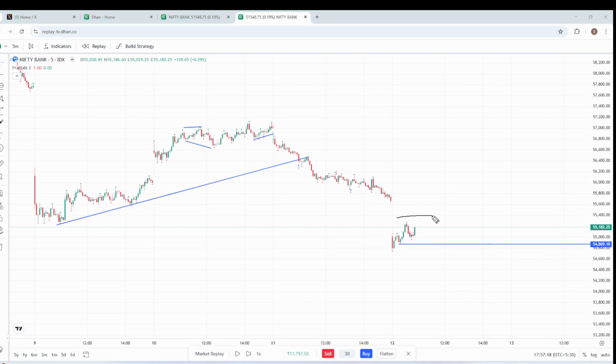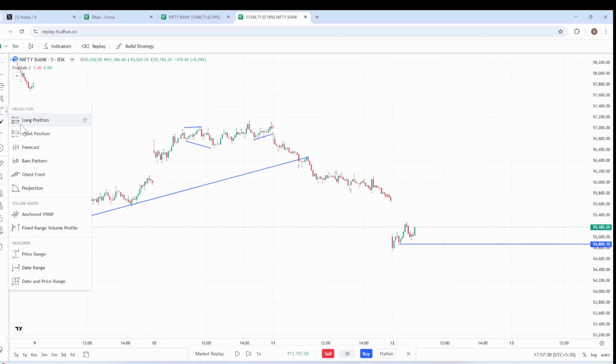But once it closes, we are looking to book because we have made an entry here. We want 1:2, or at least a minimum of 1:1. 1:2 is always there. So let me calculate the 1:2 here.